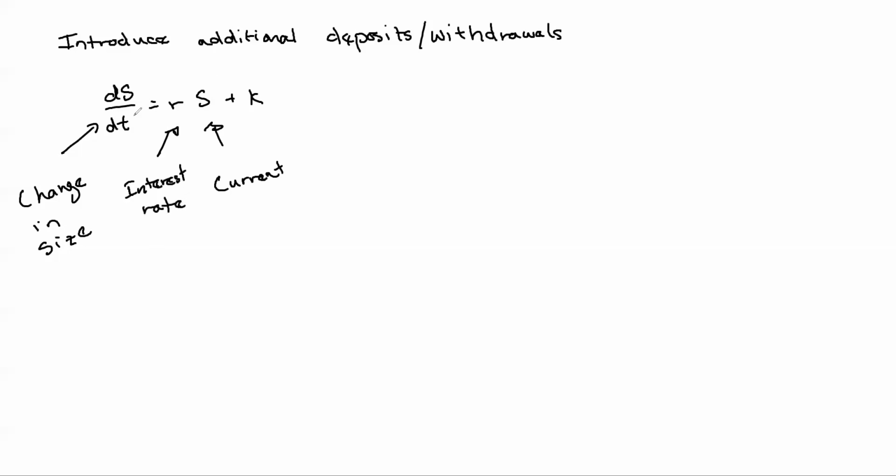That gets you the number from the previous example, the 100,000. So $1 million times 10% is 100,000. Then this adds the additional deposit. If we're adding an extra 20,000, then you add 20,000 to the 100,000. So we take 100,000 plus 20,000. This is the additional deposit or withdrawal.